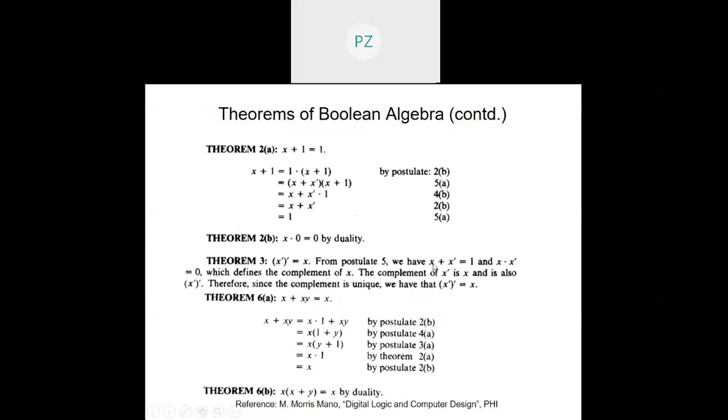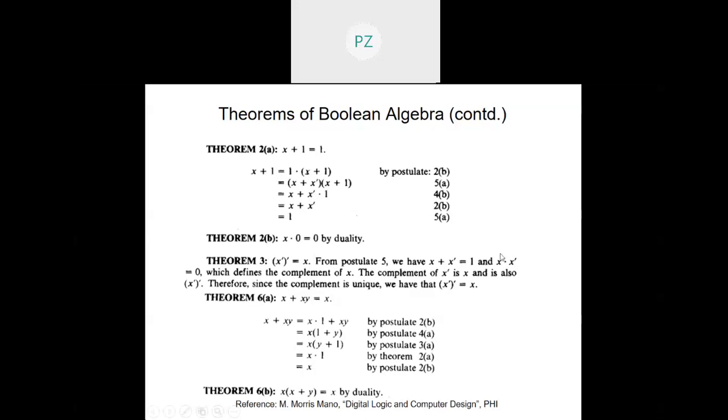Commutativity: x plus x bar can be written as x bar plus x is equal to 1. So just as x dash is the complement of x, similarly the complement of x dash is x also. Just as I can write x dot x dash is equal to 0, similarly x dash dot x is equal to 0 by the commutative property.